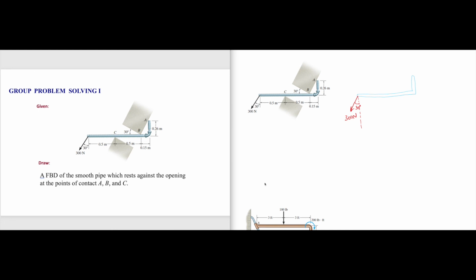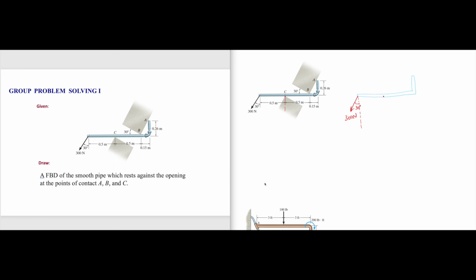Then at C, now tell me what happens at C. This is C. The pipe cannot move vertically down, isn't it? If you only look at C, the motion of the pipe is restricted along this direction, but the pipe can move in any other direction.